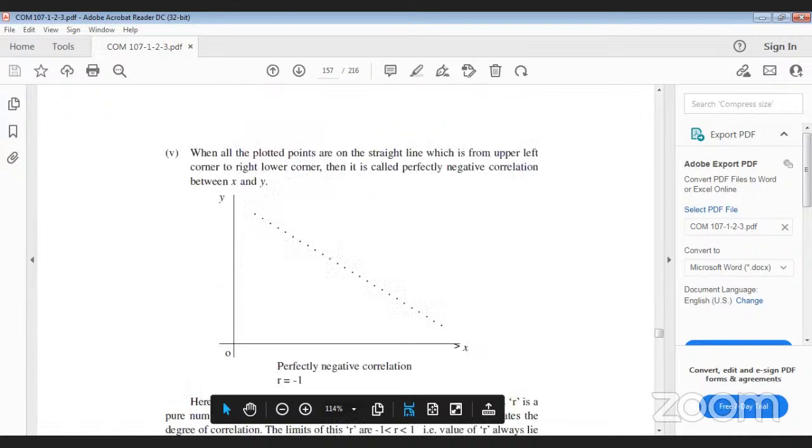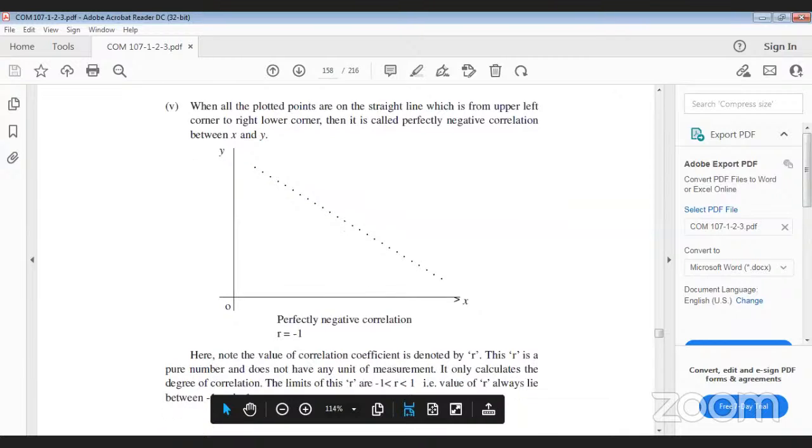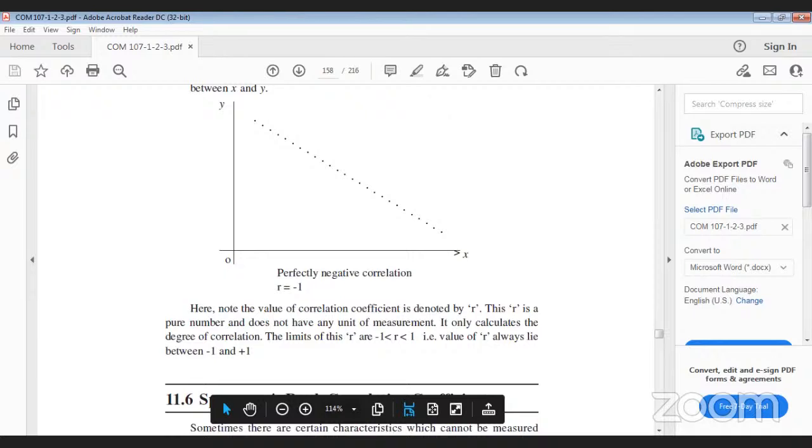Then the fourth type is when all the plotted points lie on a straight line from the upper left corner to the lower right corner. Then it is called perfectly negative correlation between x and y, denoted as r equal to minus 1. Note that the value of the correlation coefficient is denoted by r.